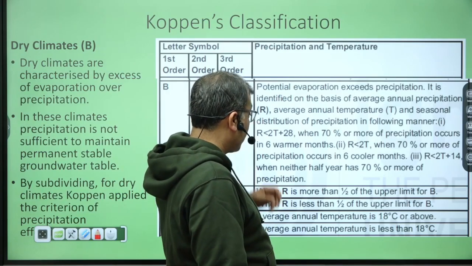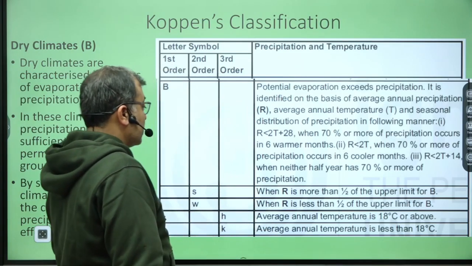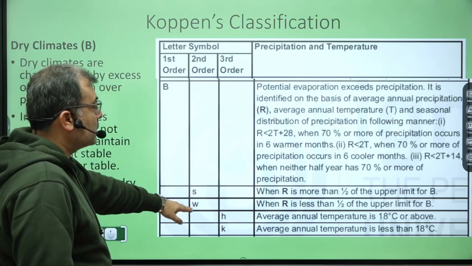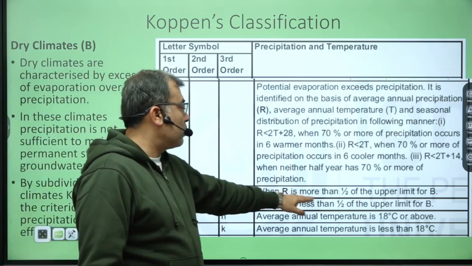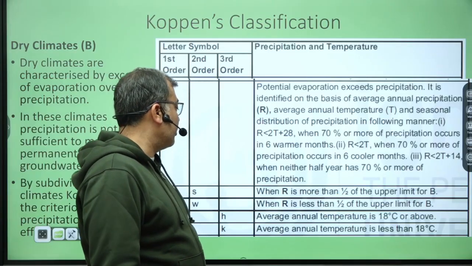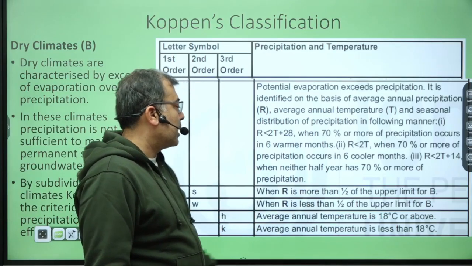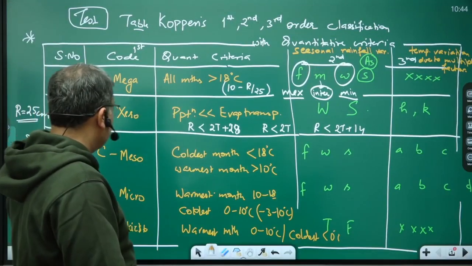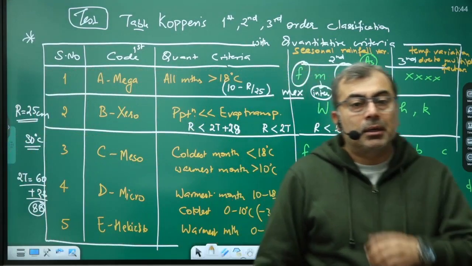Yes. Now we have to make S and W. What is S and what is W? R is more than half of the upper limit of B, and when R is less than half of the upper limit of B. So what is the upper limit? Everyone, did we get 88?